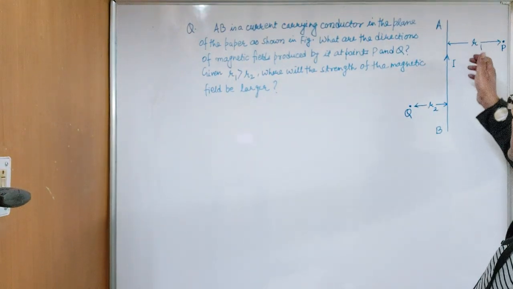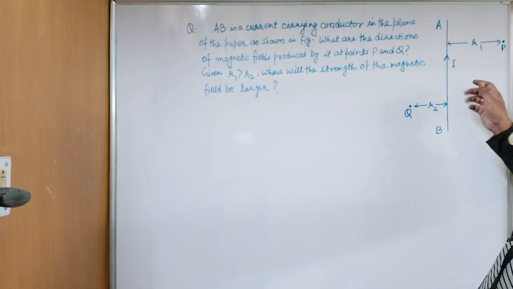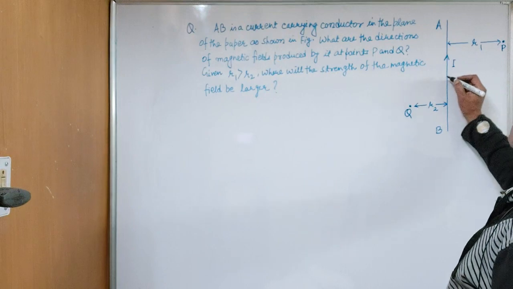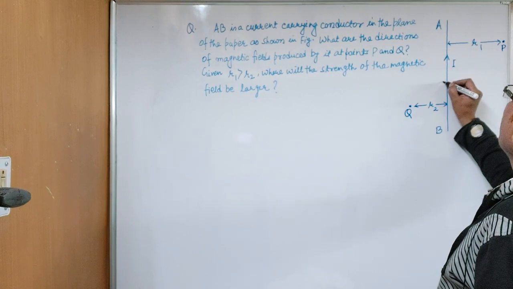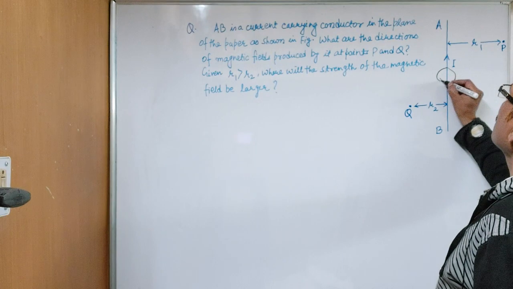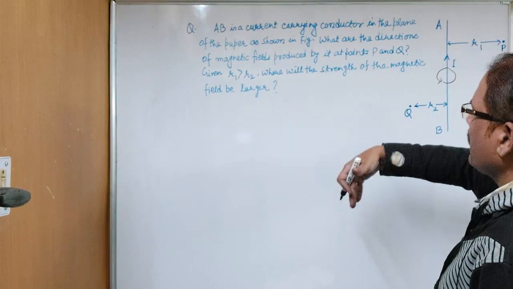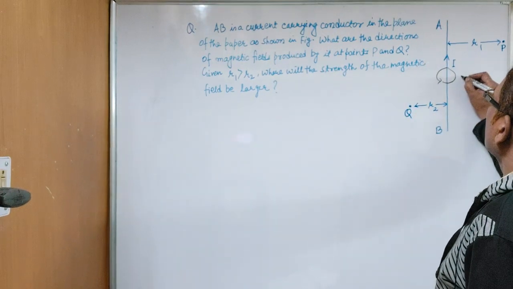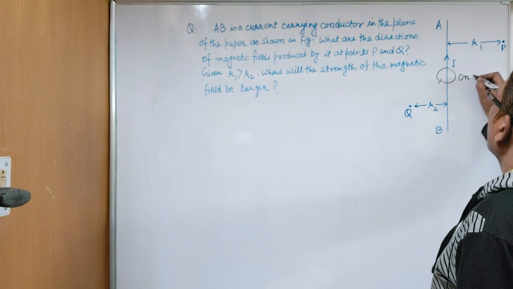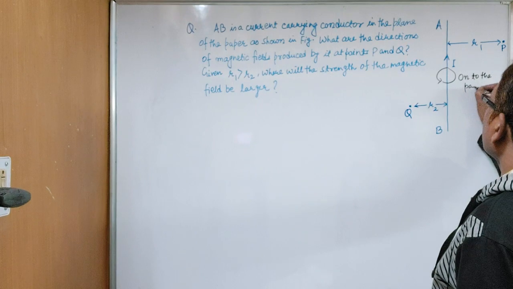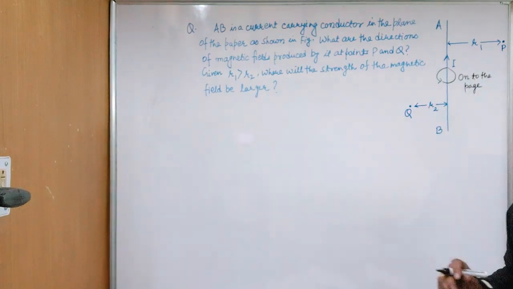This is the direction of current, and the fingers wrapped around it show the direction of magnetic field. So the magnetic field will be like this, isn't it? So it appears on the plane of paper that it will be onto the page, or you can say that it will be onto the plane of paper.